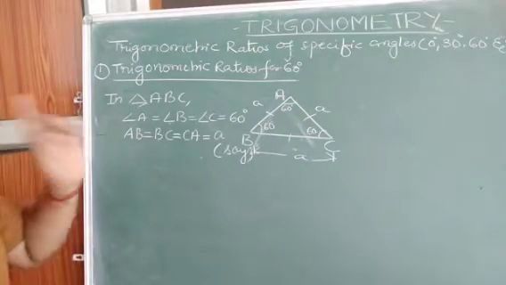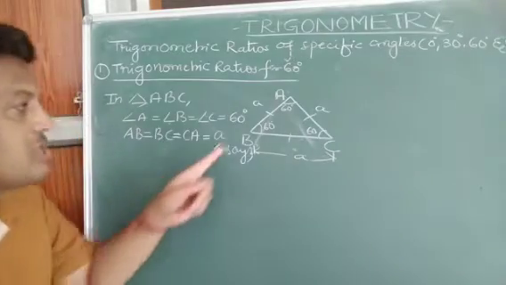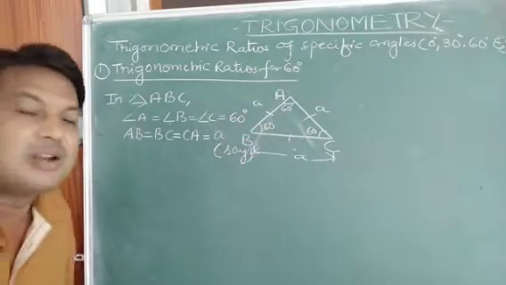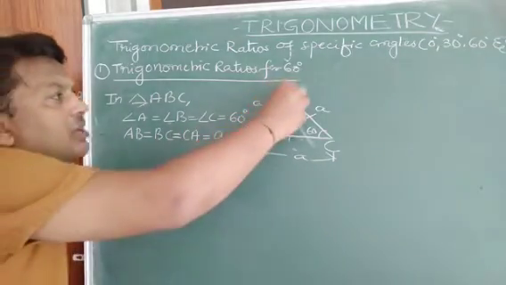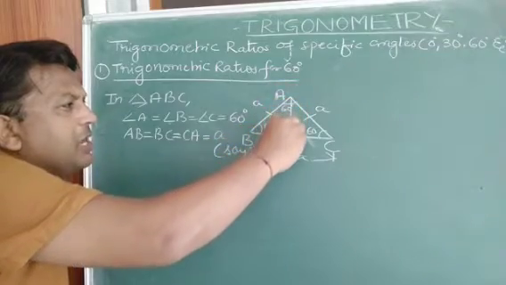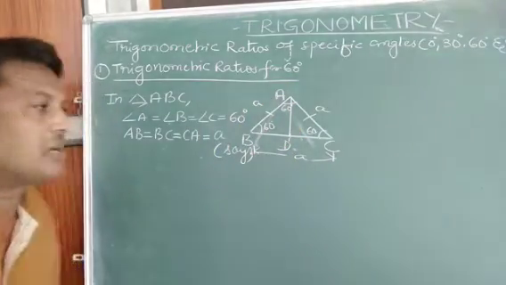So with respect to 60 degree, we have to take the trigonometric ratio values. We have taken the equilateral triangle. Now to convert it into the form of a right angle triangle, let's draw a perpendicular AD, which is also an angle bisector.